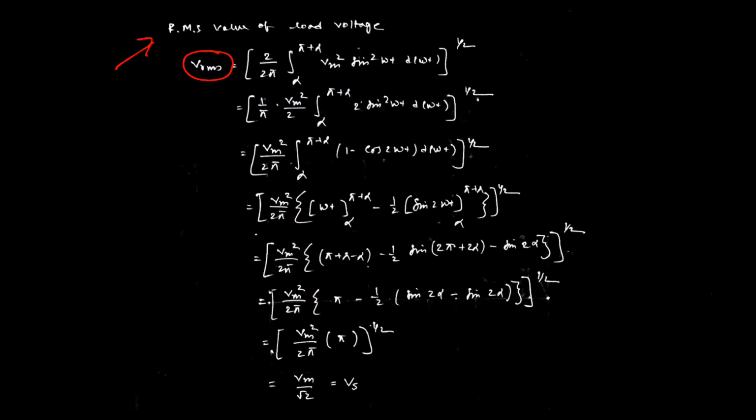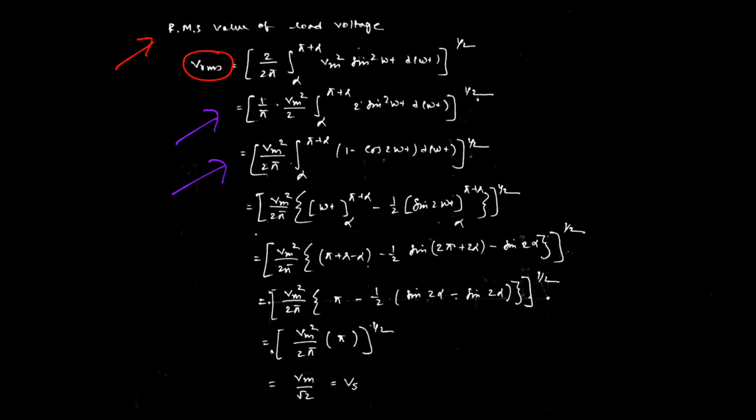First, that is 1 by pi Vm square by 2 integration of alpha to pi plus alpha, and we have taken the part that is divided by 2, which is multiplied by 2 in the expression of sine square omega t. That is why we can change sine square omega t to 1 minus cos 2 omega t. So we have the expression Vm square by 2 pi integration of alpha to pi plus alpha 1 minus cos 2 omega t d omega t under root.